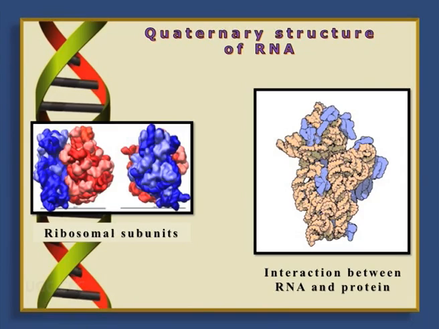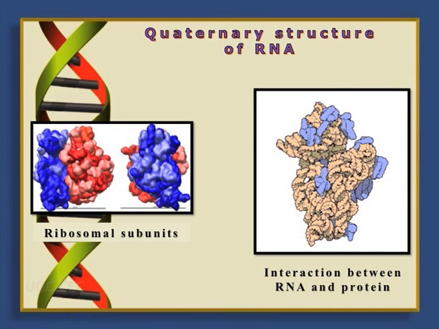Let us now see the quaternary structure of RNA. The best example of the quaternary structure is the interaction taking place between the 23S rRNA present in one ribosomal subunit and the 16S rRNA present in another ribosomal subunit.